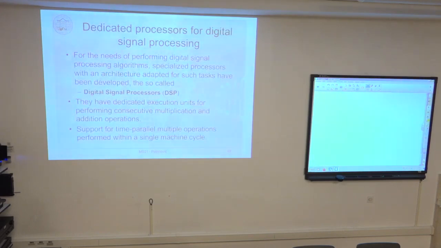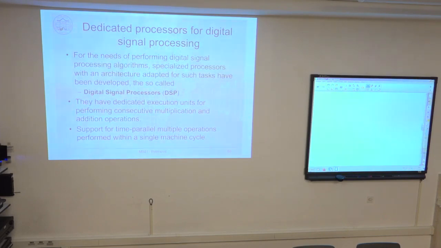Okay? And they are called DSP processors. Why? Because it is an abbreviation of digital signal processor. Not very clever, but okay, DSP. And as I said, they have dedicated execution units that are capable of performing consecutive multiplication and addition in a very efficient way. And they support time parallel multiple operations within a single cycle.